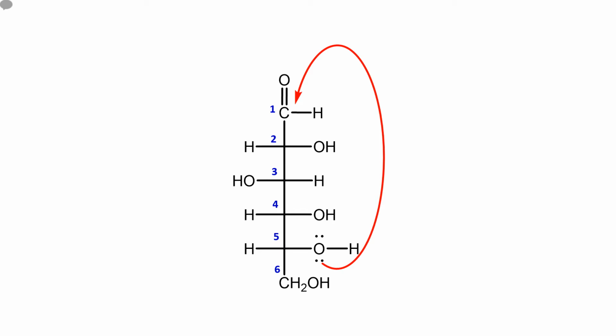But the way that it will form will depend on the lowest energy or most stable compound that could be created. Because this reaction is an intramolecular reaction, meaning that both the alcohol and aldehyde functional groups are within the same molecule, it's going to cause a ring to form.